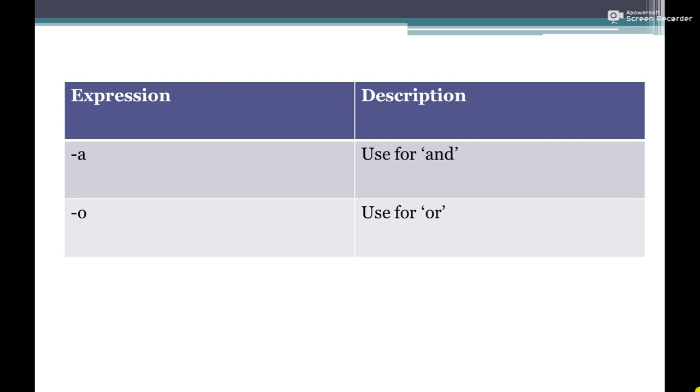Now the difference between AND and OR. The feature of AND is that when we have conditions, and in all these conditions any one condition is false while using AND, then it will display the output as false.